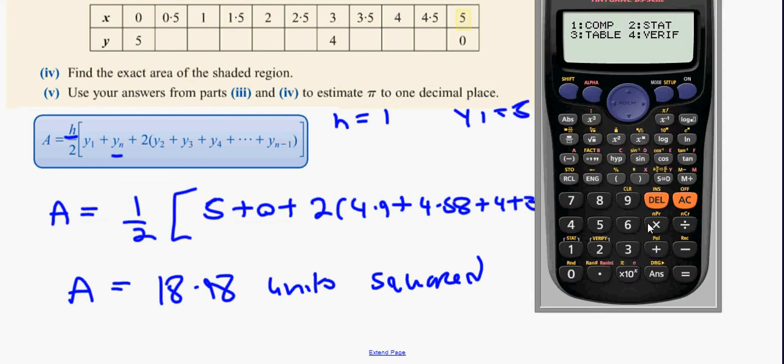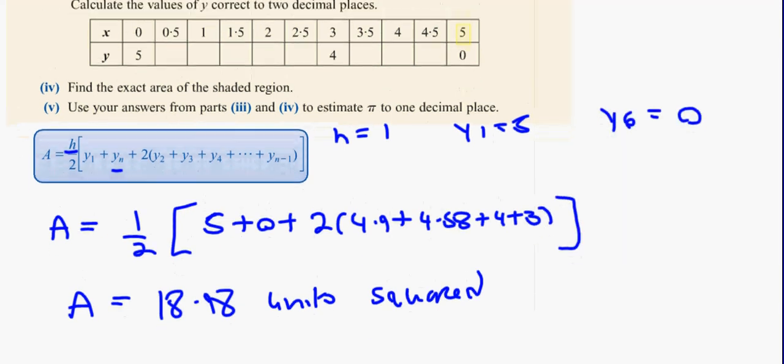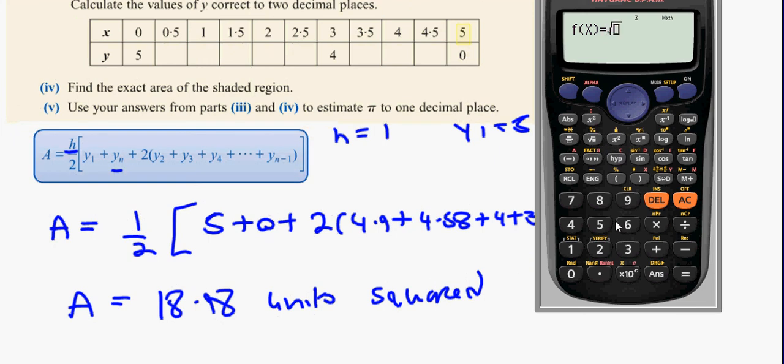So we're going to go mode, table, and f(x) is still the same equation, the square root of 25 minus x squared. Now we're going to start at 0, end at 5, and go up in steps of 0.5.